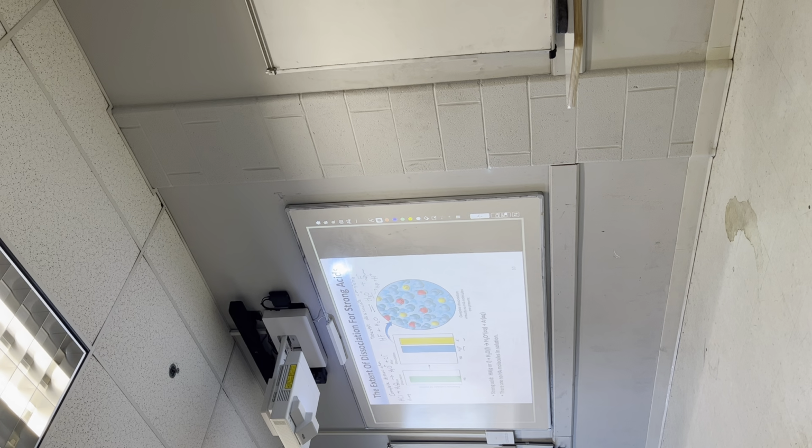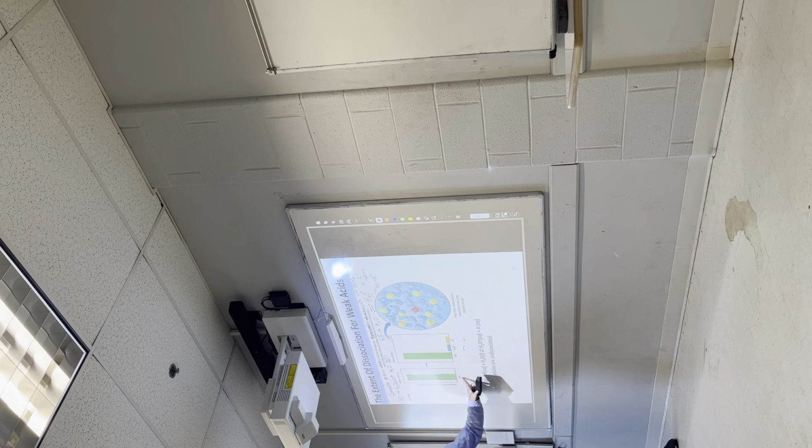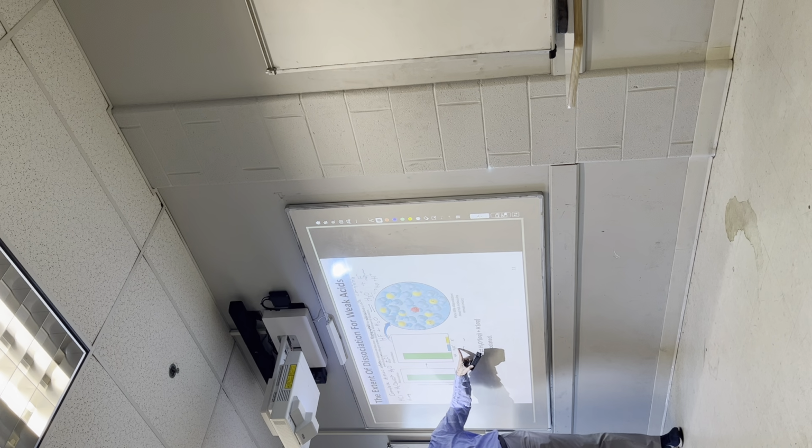If I now show the weak acid, look, HA stays as HA. You get a very small amount of A minus and H3O. Everyone got it? Any question? All right. So this is a strong acid and a weak acid.